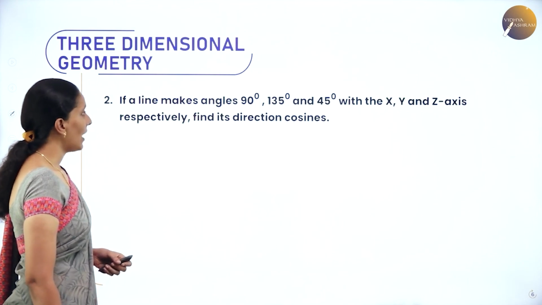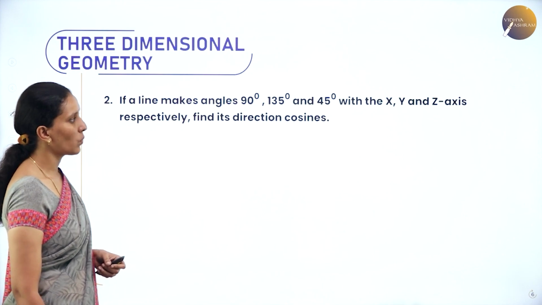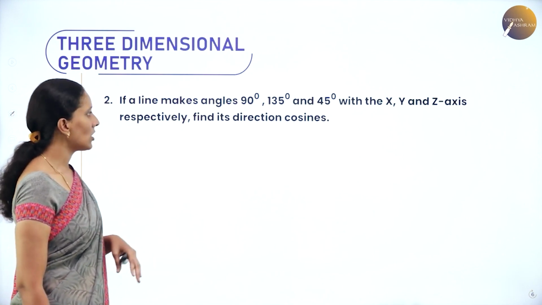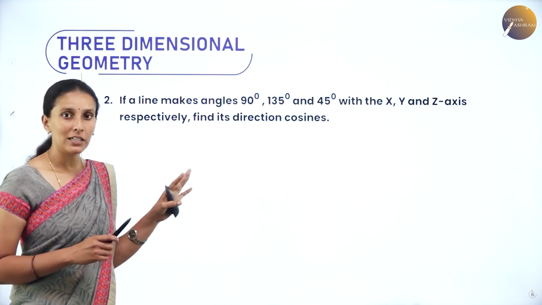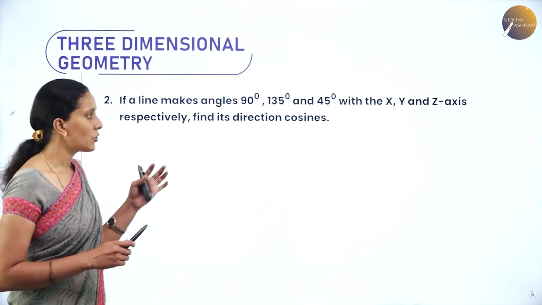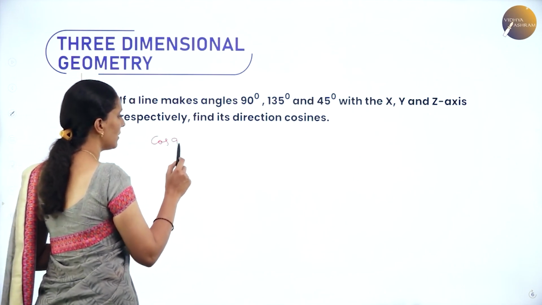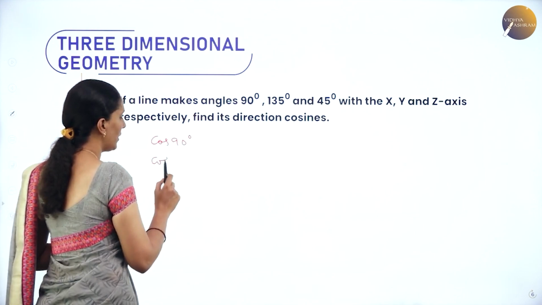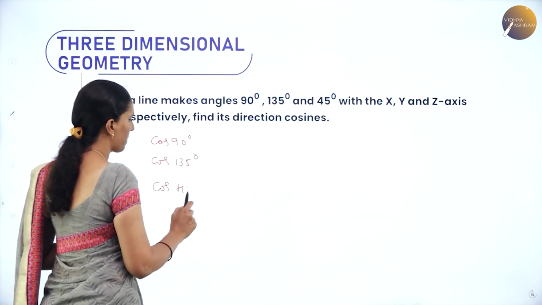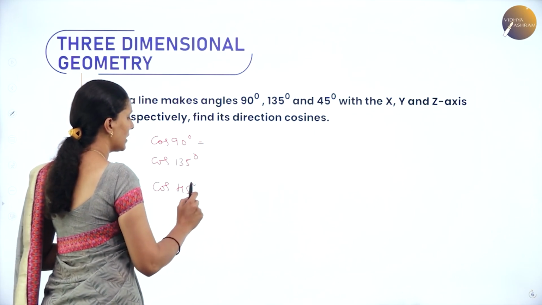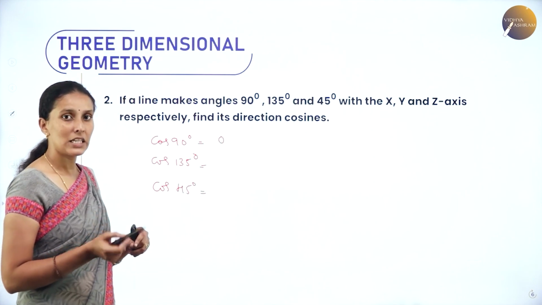Next, if a line makes an angle 90 degree, 135 degree and 45 degree with x, y and z axis respectively, find its direction cosines. Again here alpha, beta, gamma, that is direction angles are given. We need to find out direction cosines. So we are going to find out cos 90, cos 135 and cos 45. So cos 90 is 0. Cos 135 means it lies in the second quadrant.